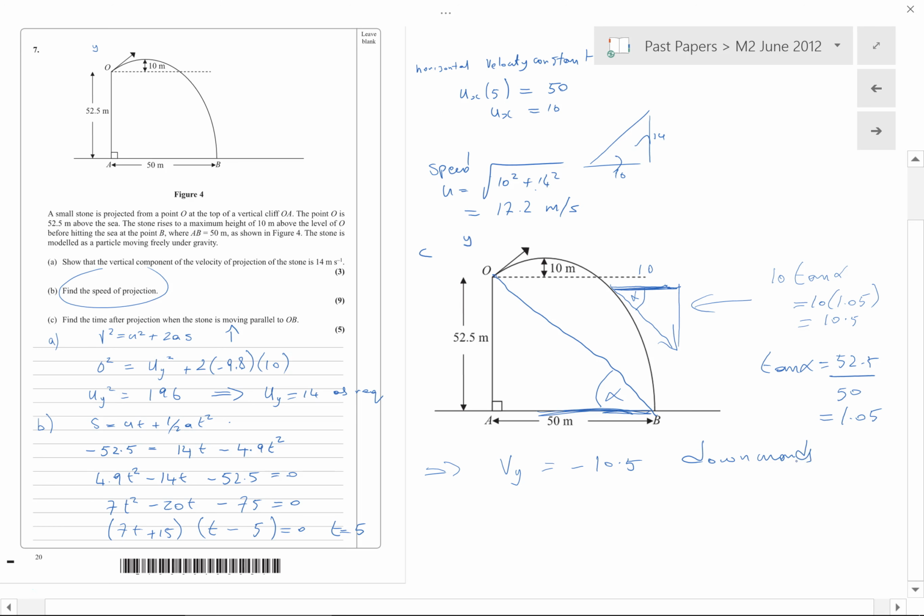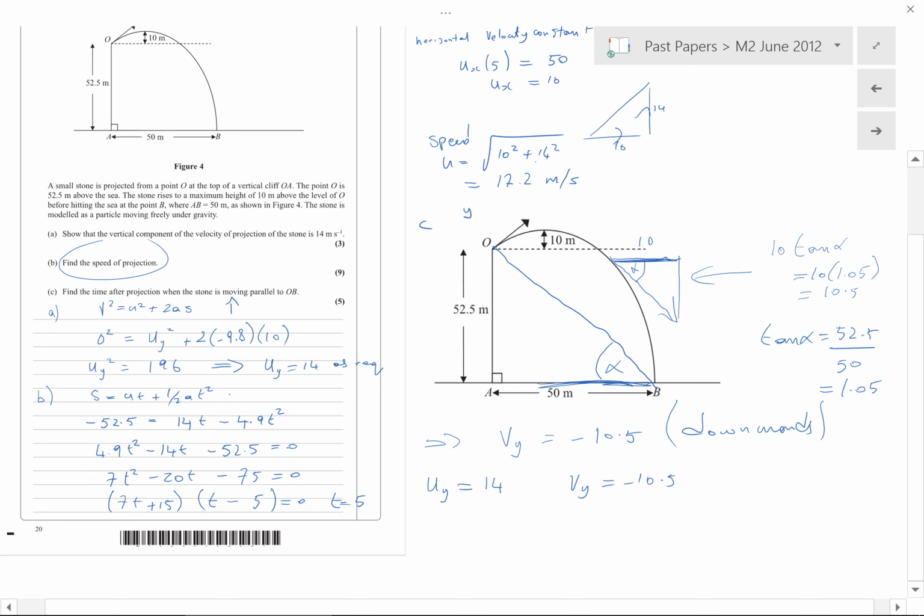Now it wants the time it takes to become parallel. We pretty well have what we need, because we know the initial vertical speed is 14 and the final vertical speed is minus 10.5. So we can apply v equals u plus at with these values.